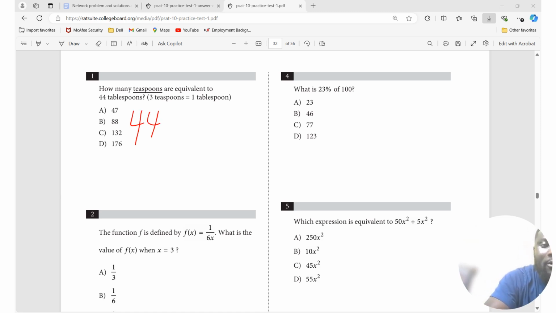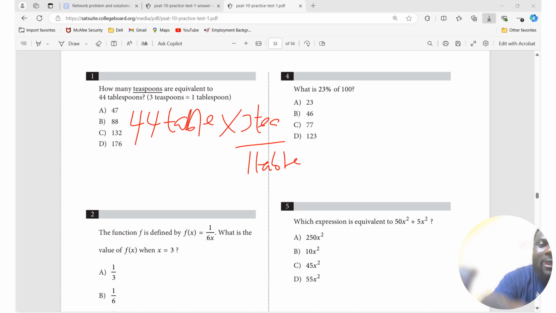So what we're going to have is 44 tablespoons, I'm just going to shorten it, times 3 teaspoons divided by 1 tablespoon. So if you do that, what are we going to have? 44 times 3 will give us 132.